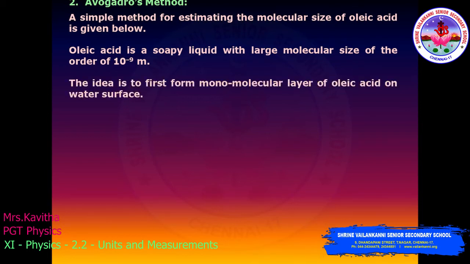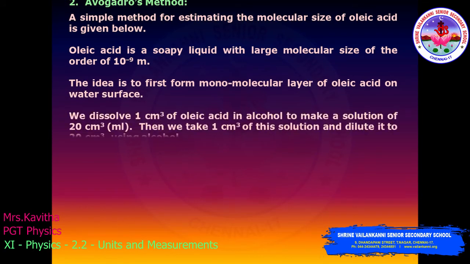The idea is to first form a monomolecular layer of oleic acid on the water surface. So what we are going to do is dissolve 1 centimeter cube of oleic acid in alcohol to make a solution of 20 ml. Then we take 1 ml of the solution and dilute it in 20 ml using the alcohol.